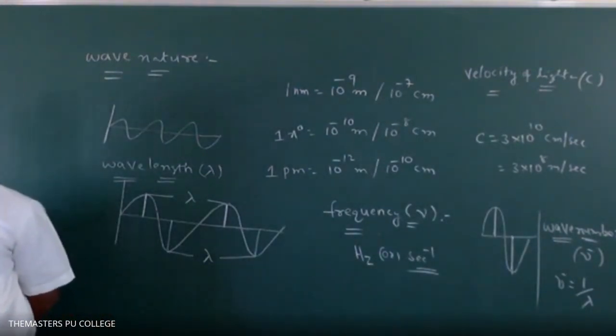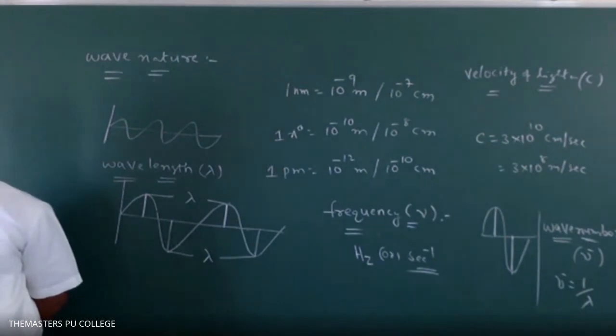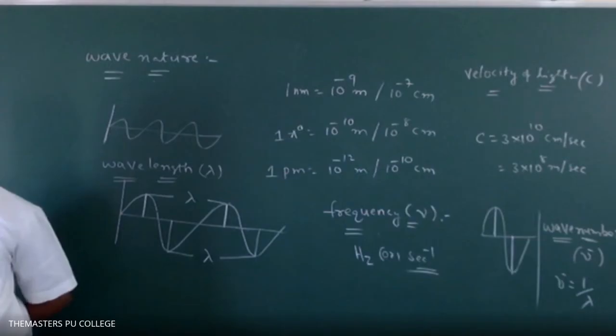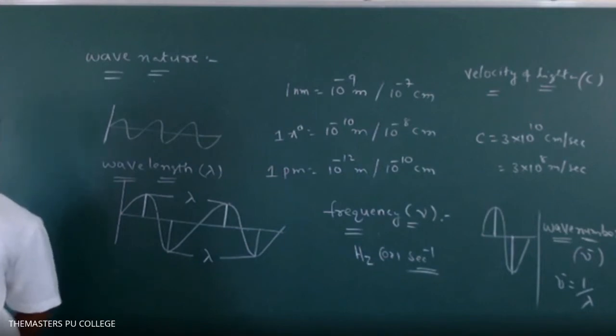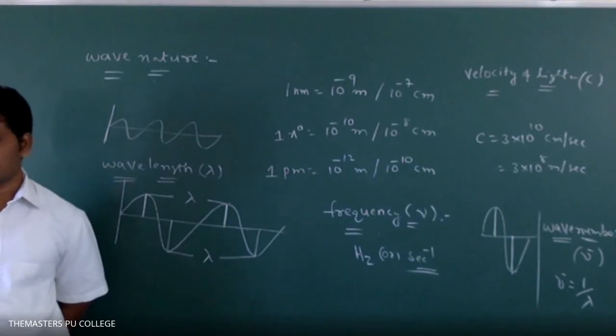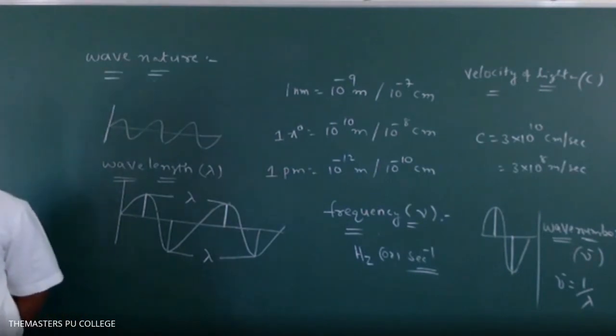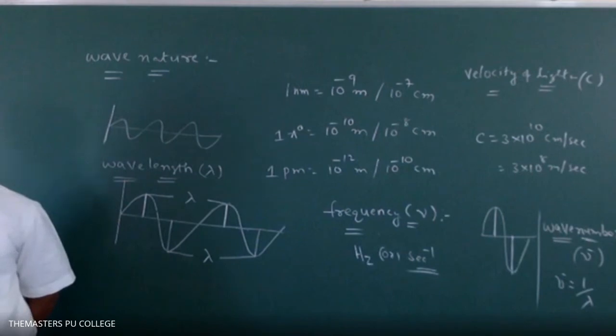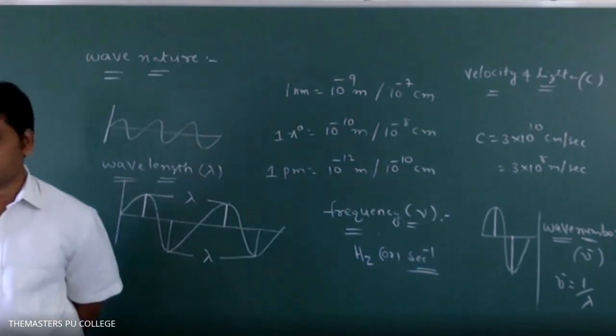Alternating electrical and magnetic fields are produced in the form of waves. Sir, can you repeat? I repeat. When an electrically charged particle moves under acceleration, alternating electrical and magnetic fields are produced. Alternating electrical and magnetic fields are produced in the form of waves.